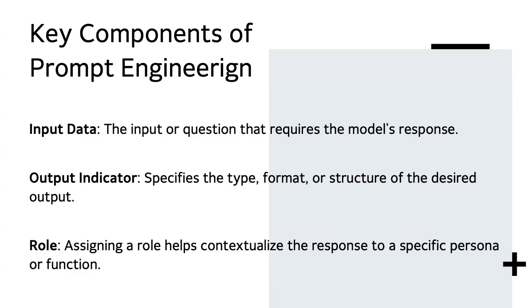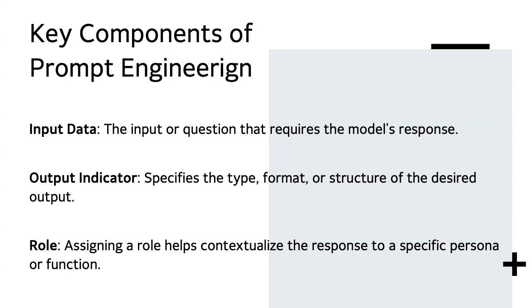Also, it can have input data, which is the input or question that requires the model to respond. Output indicator specifies the type, format, or structure of the desired output. It's something like, if I need something in a chart, then it can also give a chart like this. Also, it can have a role, which helps contextualize the response to a specific person or function.